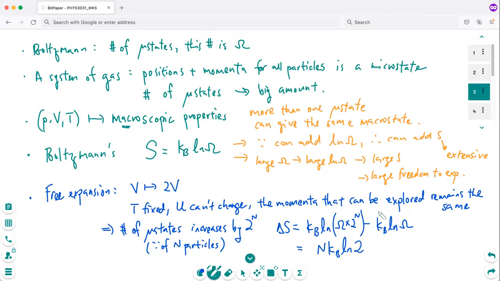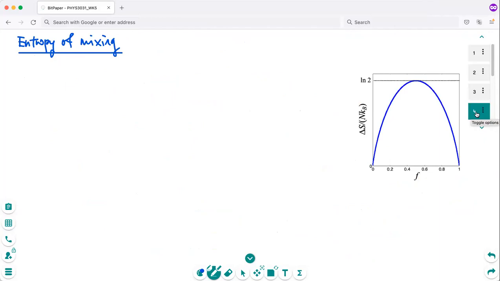If you really work this out, you will see n k_B log 2. Okay, so that is the end for this entropy business. I still have a little bit to talk about before we can close this chapter. Then we talk about analytical thermodynamics.